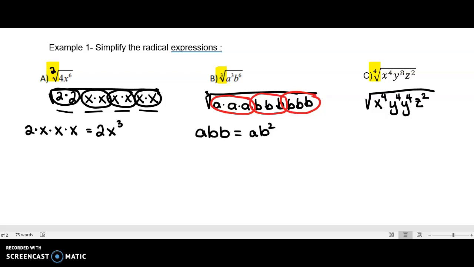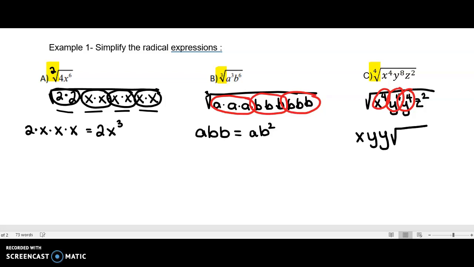So let's circle our groups of 4. This is a group of 4, this is a group of 4, and this is a group of 4. So what's coming out of that radical? An x, a y, and a y. Because once I group them, they can come out of the radical.